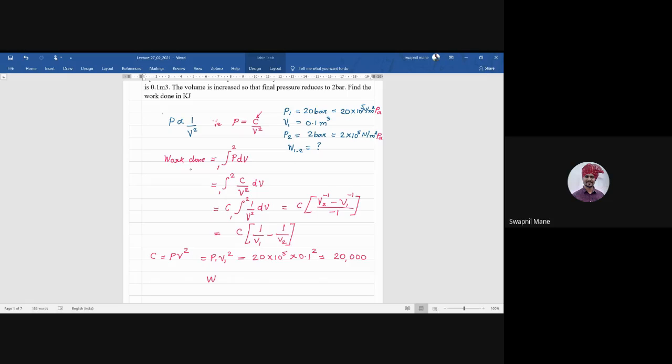So W will be equal to 20,000, because V1 is given. If V2 was given, then we could have calculated the same thing as C. So C is PV square, P1 V1 square is also equal to P2 V2 square. So we have to calculate first the value of V2, then only we will get the value of work done.